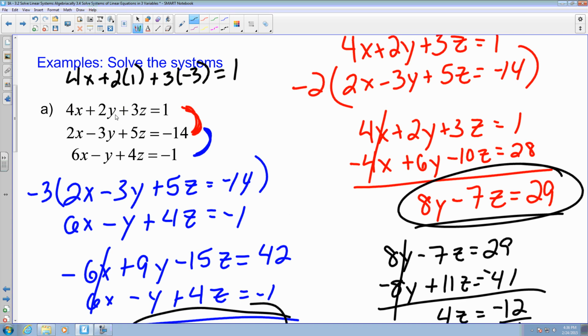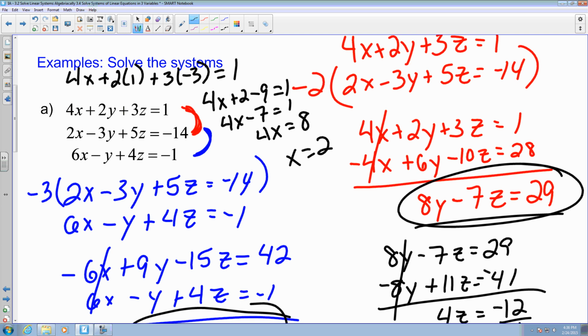So I'll have 4x plus 2 minus 9 equal 1. So now I have 4x minus 7 equals 1. 4x equals, so if I add 7 to both sides, 8. That means x equals 2.